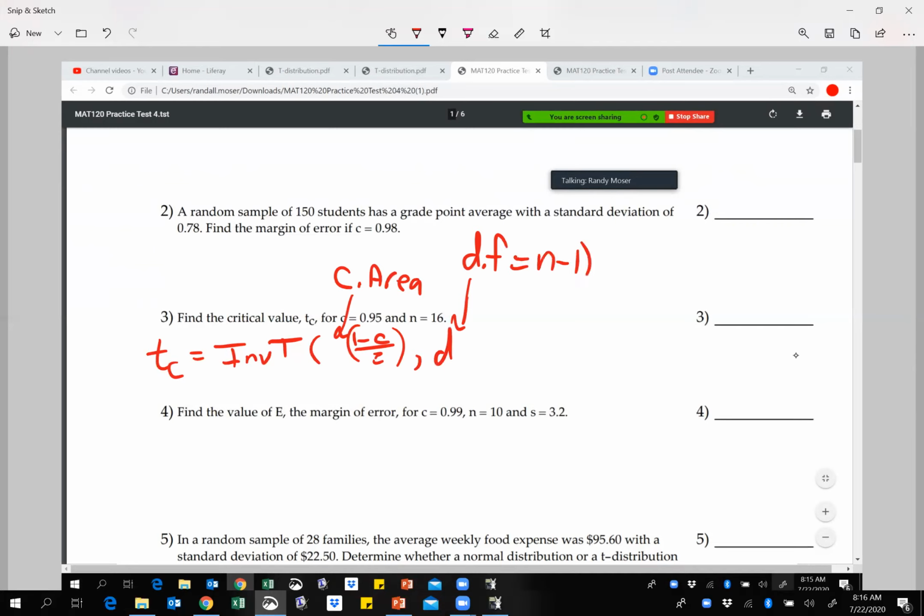So for this example, if C is 0.95, we would plug it in as the inverse T of (1 minus 0.95) divided by 2, comma, and then we need to put in the degrees of freedom, which would be 16 minus 1, which is 15.